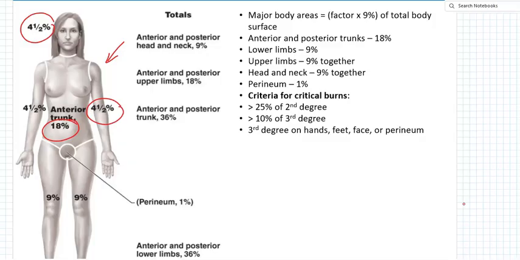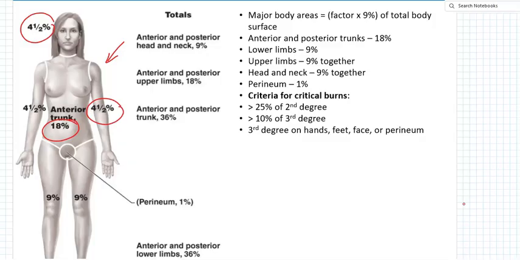So posterior is 18 as well. This is why we call it the rule of 9s. Because all these numbers, if you think about the whole part, for the head, it is 9. For an entire arm, it's 9. For an entire trunk, back and front, it's 36, which is 9 multiplied by 4. Am I making sense? For the legs, each leg is 18, which is 9 multiplied by 2.